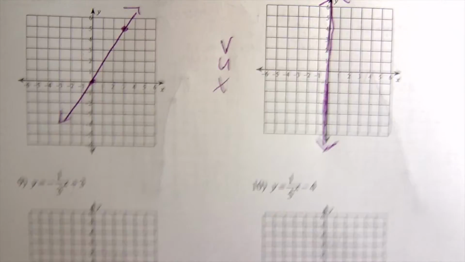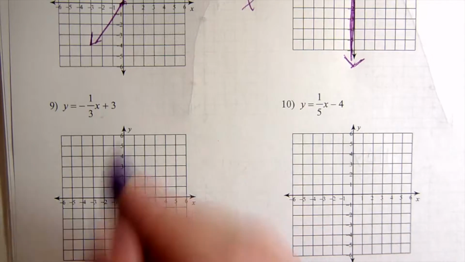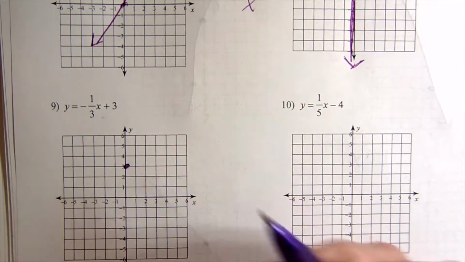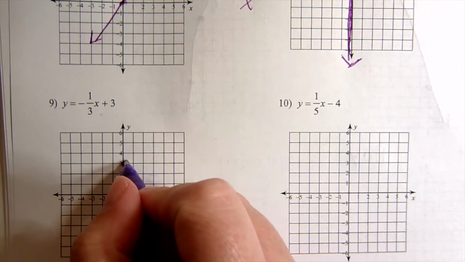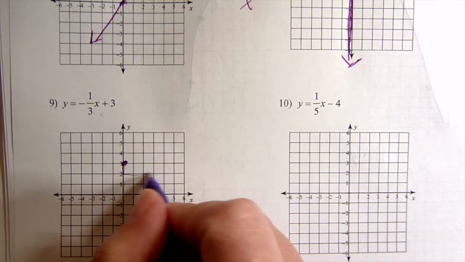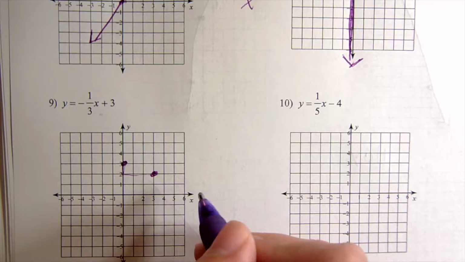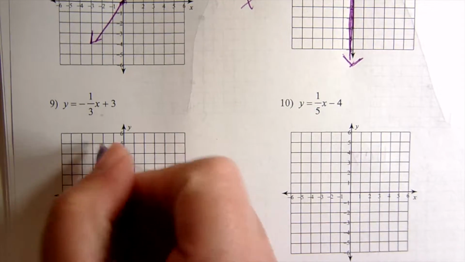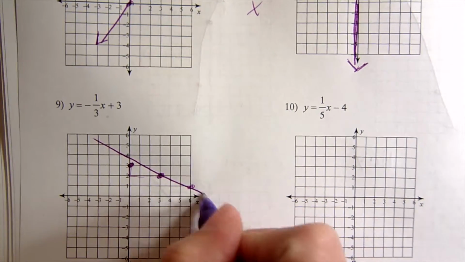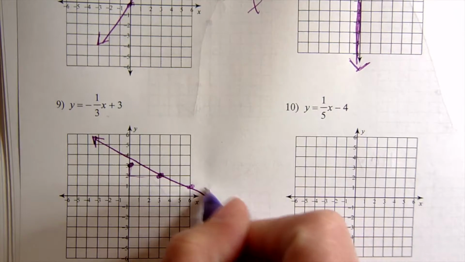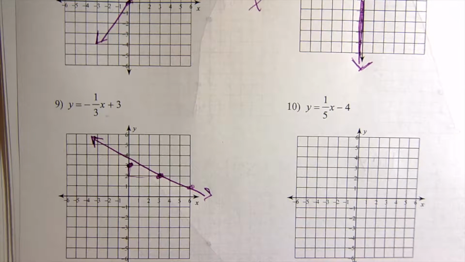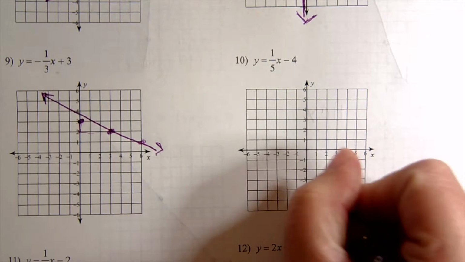Number 9, what is the intercept? 3. And where do you go from there? Down 1, it's negative, over 3. Number 10, what is the intercept? -4. What is the slope?